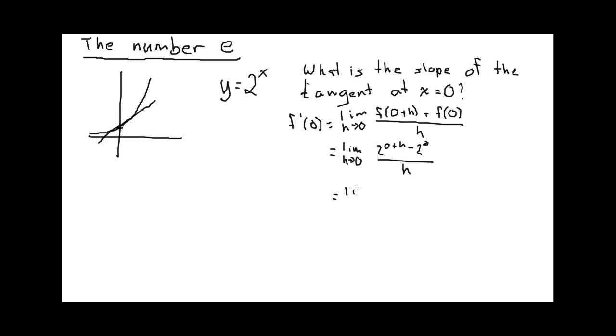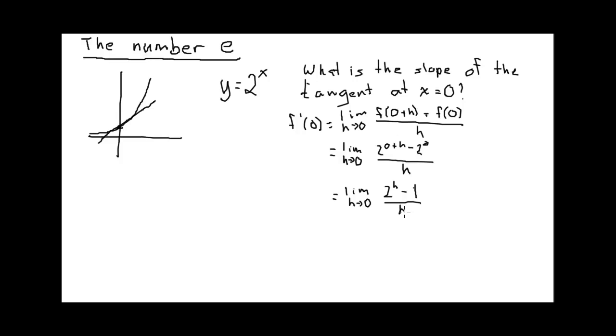Now we want to simplify this a bit. 2 to the 0 plus h, that's not hard: 2 to the h, since 0 plus h is h. Minus 1, because 2 to the 0 is 1.